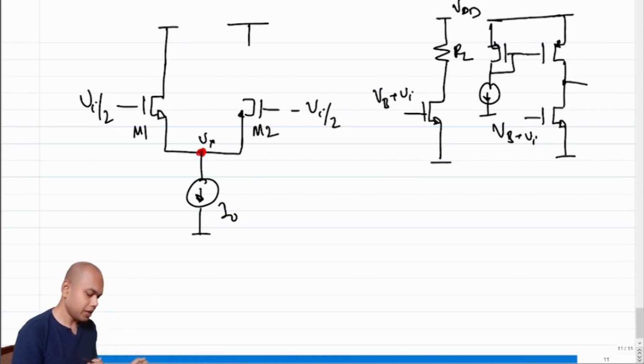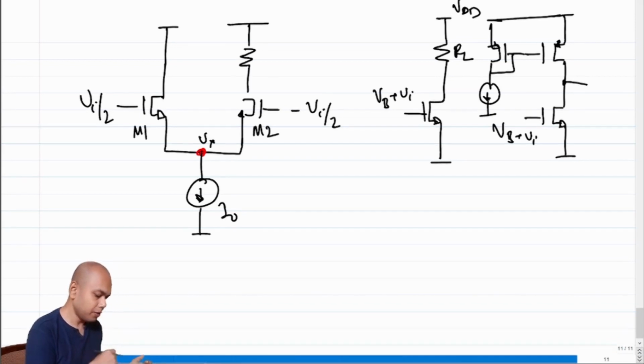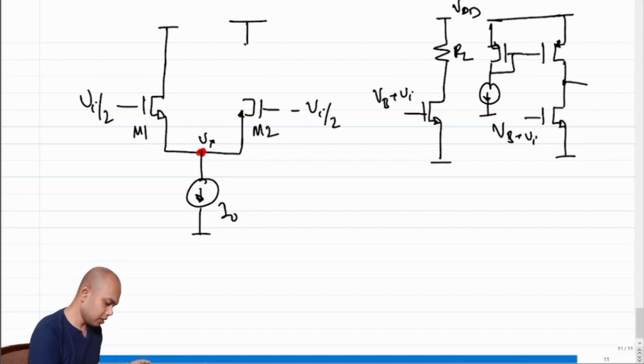So why don't we do the same thing in case of our differential amplifier? We had this RL, so we'll replace this RL with a PMOS transistor. Okay, how should I bias?